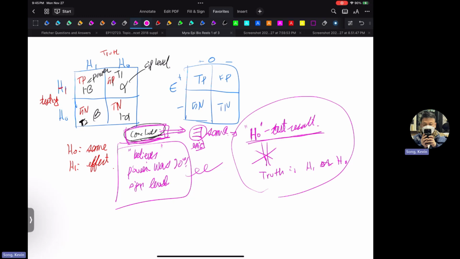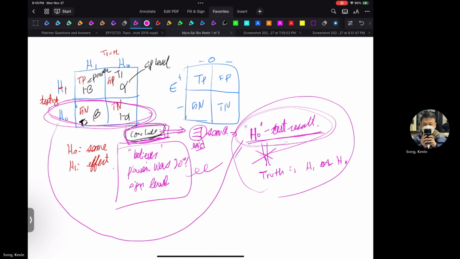The test results say that there's no difference, meaning simply that the H0 row, so the second row, is what the test concluded. So the test result says H0, meaning that the test result says there's no difference between the new drug and the old drug.